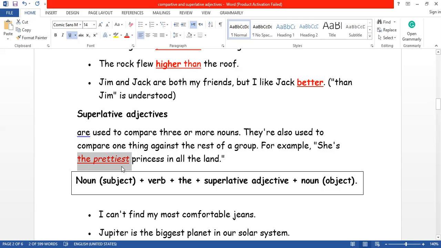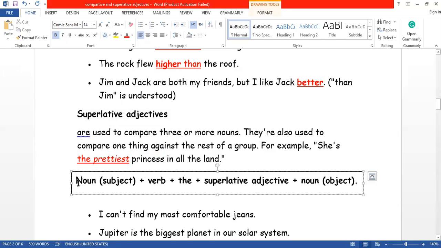So we add est at the end of the adjective to change it to a superlative adjective: pretty, prettiest.